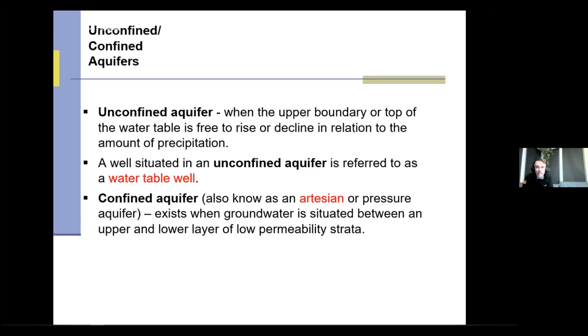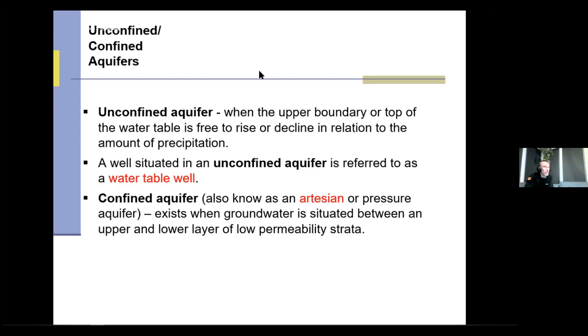When we talk confined aquifer, it could be known as artesian or pressure. Because it has a confining layer, bedrock or something, the water can't move around. So if more water enters it, it pressurizes. It's like a soda can. You can only get so much in, and if you shake that up a little bit, the pressure rises and the water will travel by itself. You almost don't need a pump to do that.